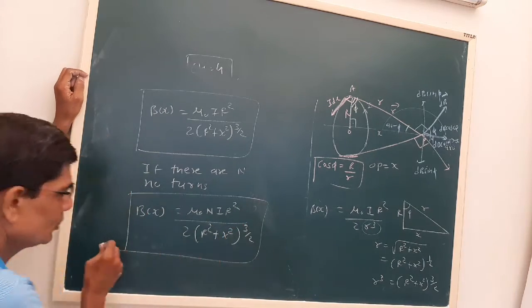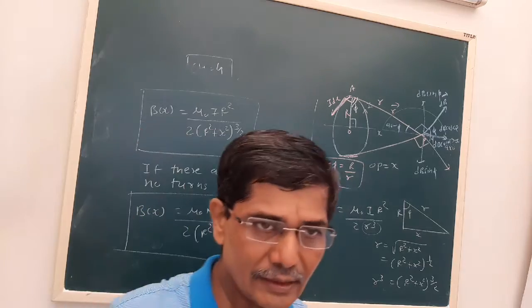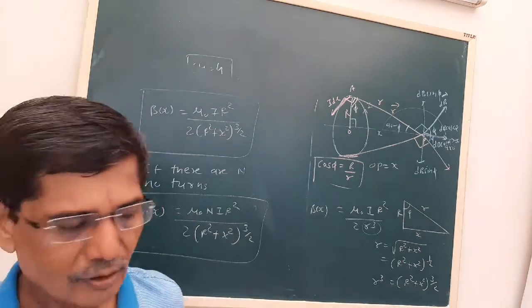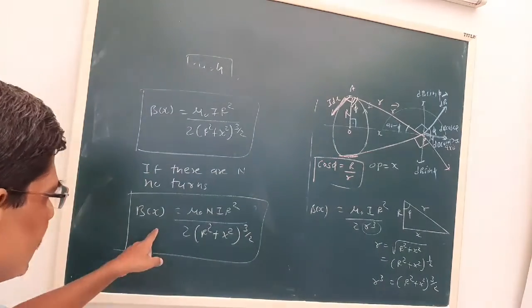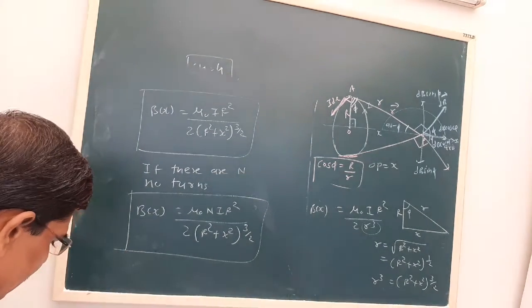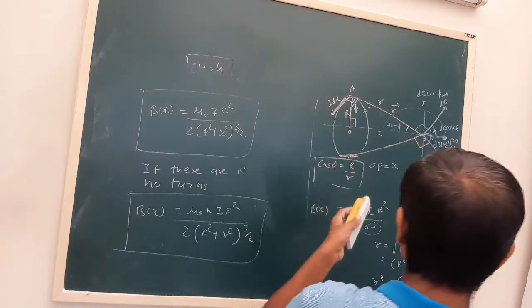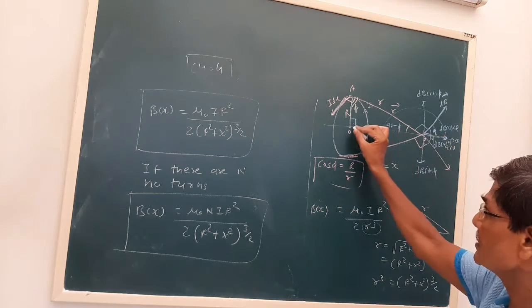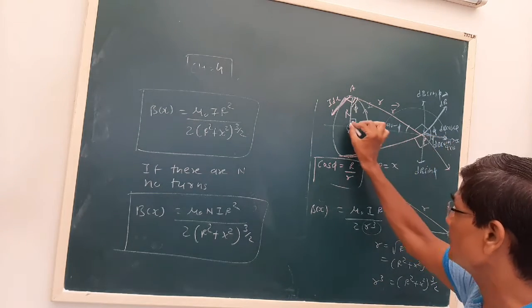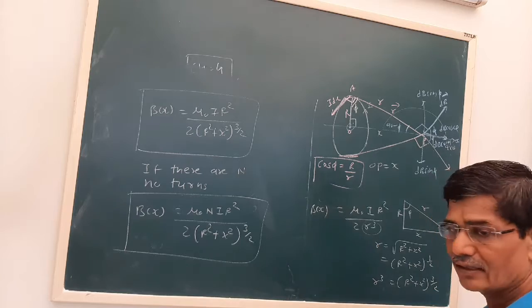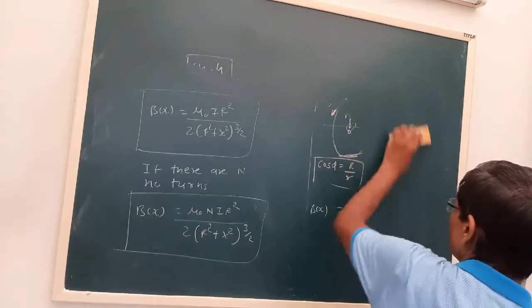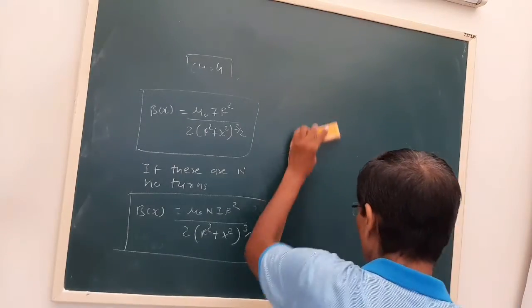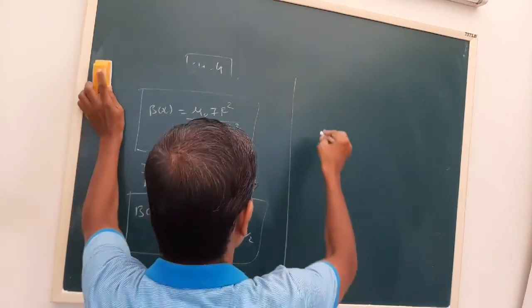This is the magnetic field due to a current carrying coil of n number of turns, that is, the magnetic field at any point on the axis of a current carrying circular coil. Now suppose we have to find out the magnetic field at the center of the ring. Let us say point P is shifted to here. In that case, this x will become 0.